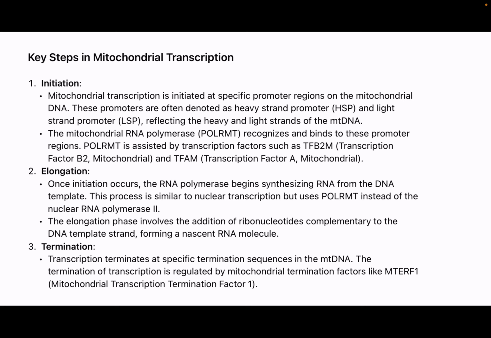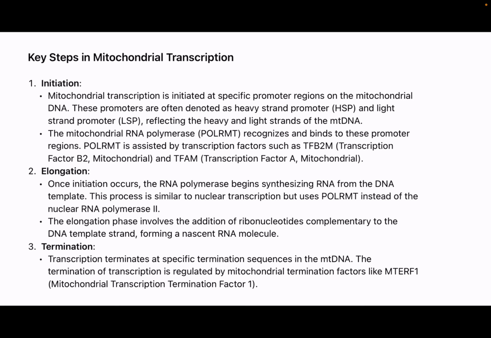The mitochondrial RNA polymerase, POLRMT, recognizes and binds to these promoter regions. POLRMT is assisted by transcription factors such as TFB2M, which is transcription factor B2 mitochondrial, and TFAM, transcription factor A, which is also a mitochondrial transcription factor.